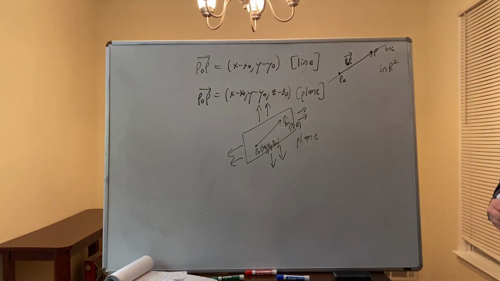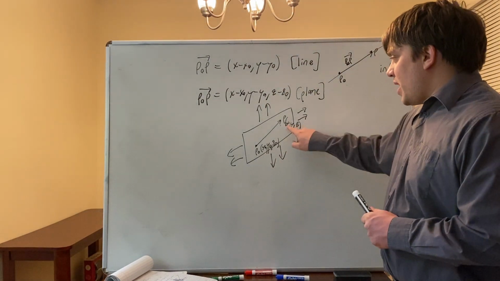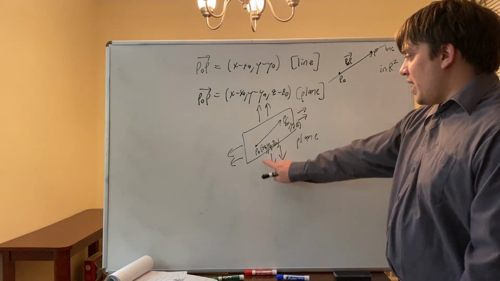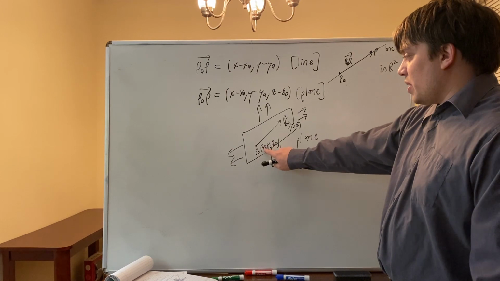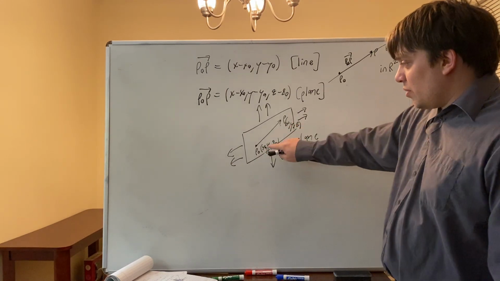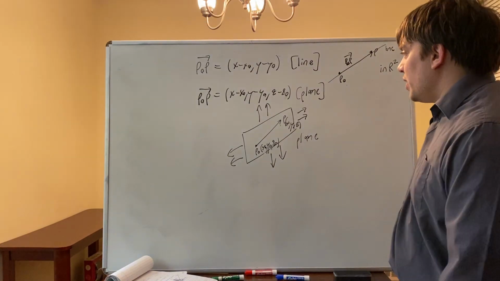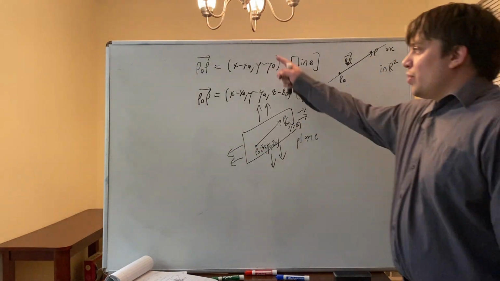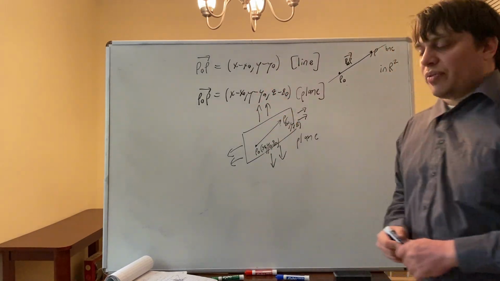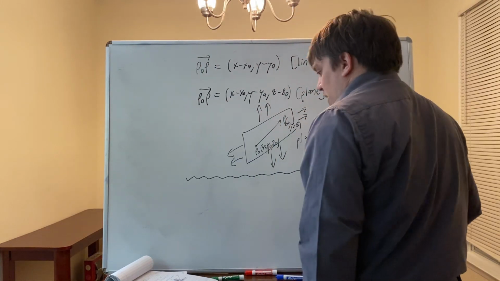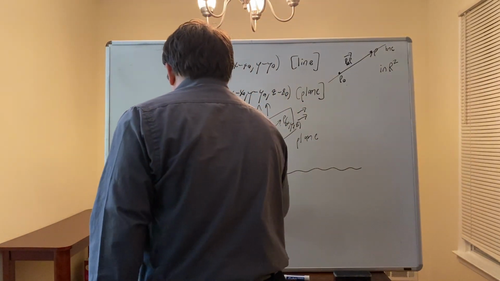What do you have to add to x naught to get x? x minus x naught. What do you have to add to y naught to get y? y minus y naught. So P naught P in a line or plane looks just a little different. And so equation 1 that I wrote on the last board can be written as this.